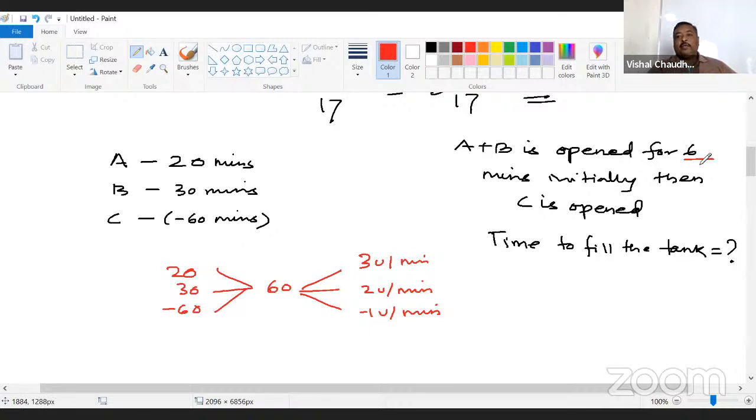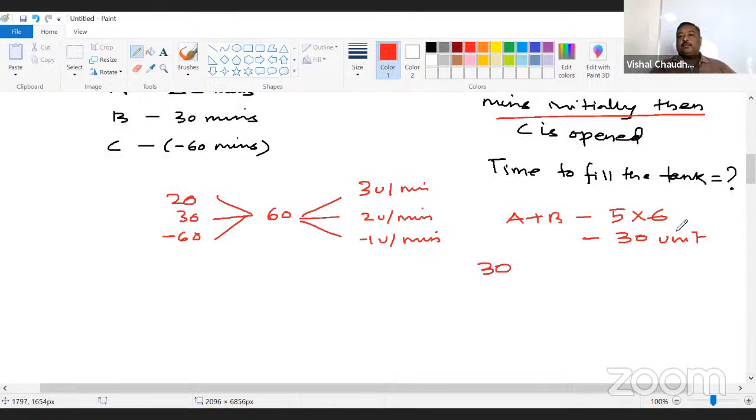A और B 6 मिनट इनिशियली खुलता है, उसके बाद C खुलता है. तो सबसे पहले आप देखें A plus B 5 यूनिट पर मिनट, 6 मिनट में ये लोग 30 यूनिट्स भर डालेंगे. बचेगा कितना? 60 minus 30, 30 यूनिट्स बचेगा. अब ये तीनों मिलके करेंगे, यानी 3 + 2 = 5, - 1 = 4.